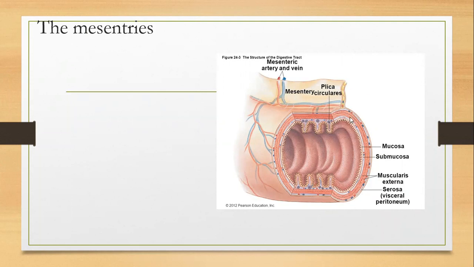In the last diagram, I told you that we have 4 layers that are common to all parts of the GIT, starting from the lumen, because this tube-like structure is part of the GIT.